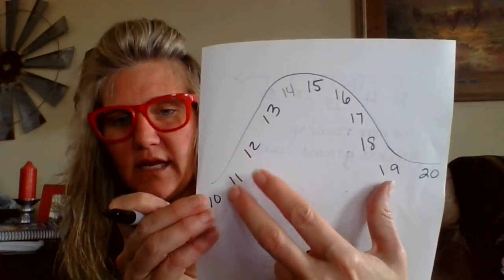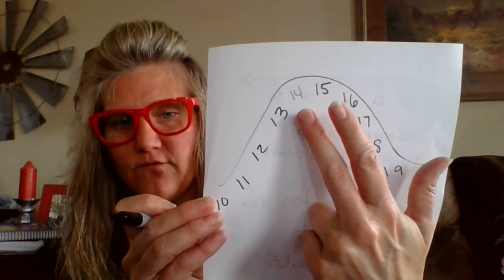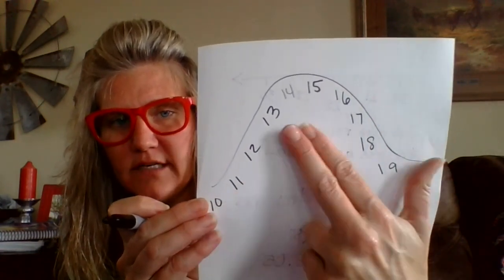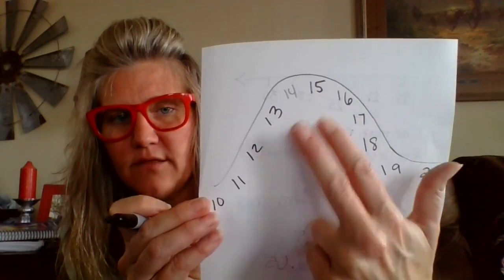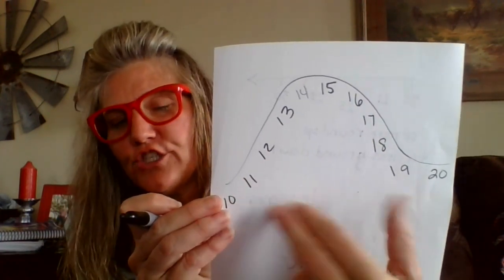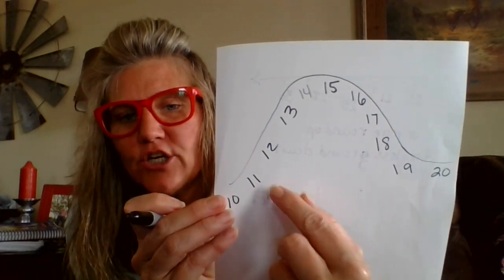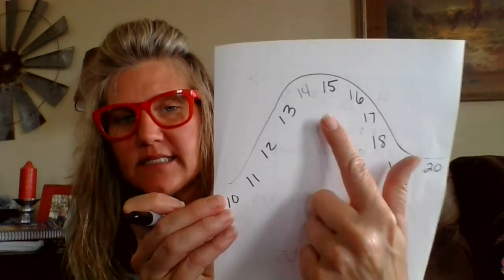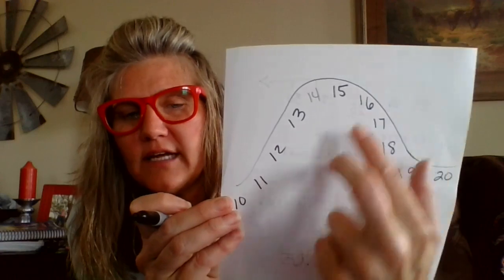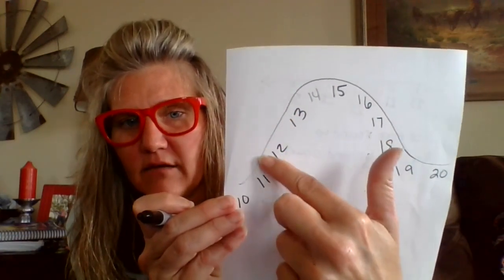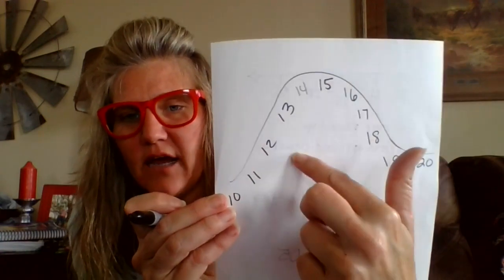So if you're over here between 10 and 14, if you were to round it to the nearest tens, you're going to look at your ones place and see. Or you can do this and see, okay, how many hops down? How many steps down?